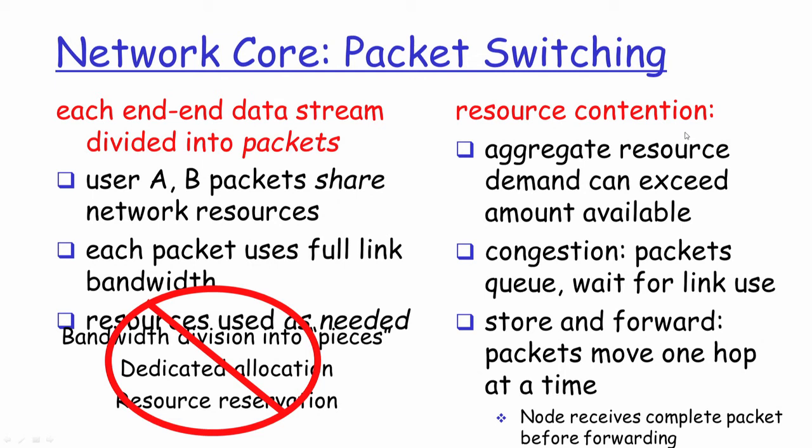What we mean by congestion here is that the packets will have to queue and wait for the link to be available, because I do not have any fixed resource allocation here, and packets are acted upon on an as-is-arrival basis. At that point in time, whatever link bandwidth I have free is used, and packets are serviced by default in the order in which they were received, right.